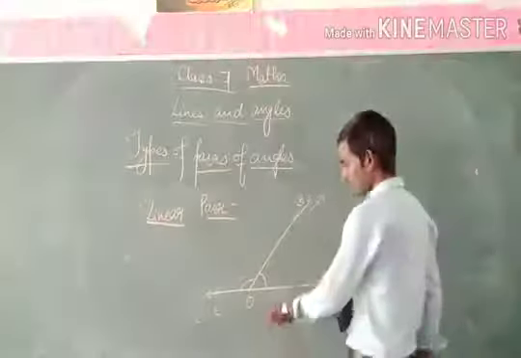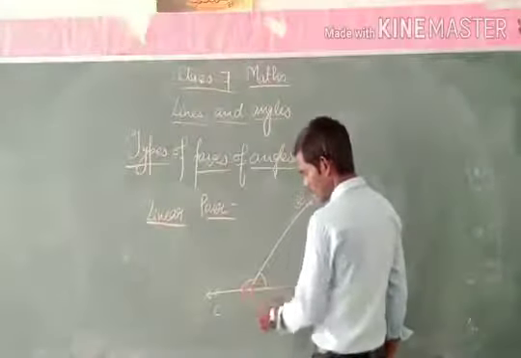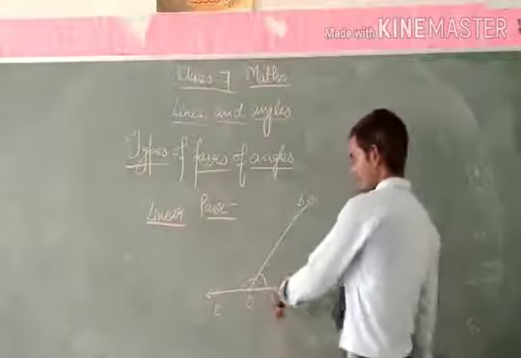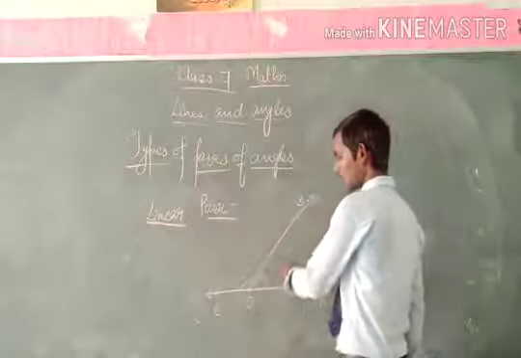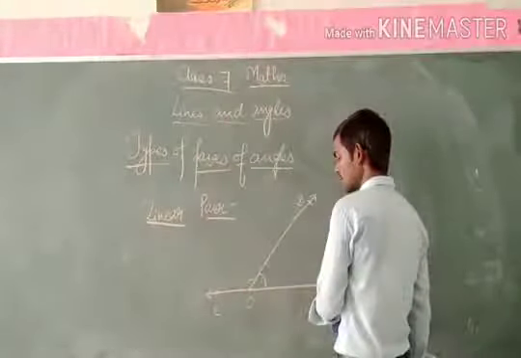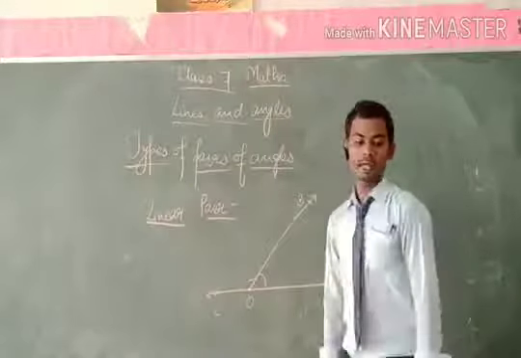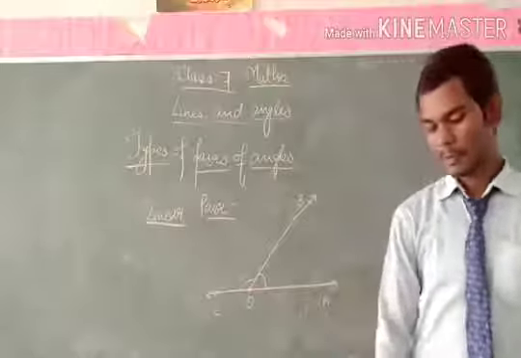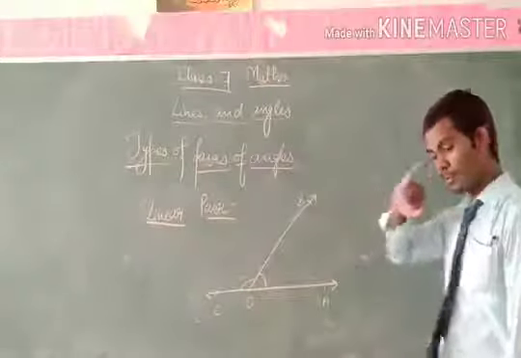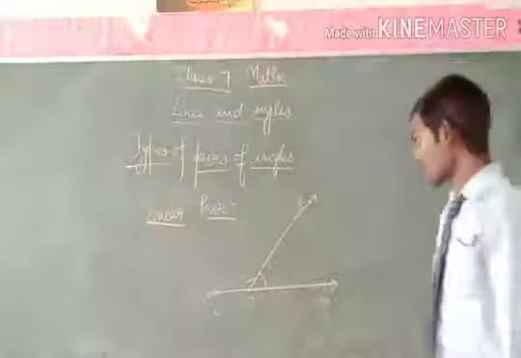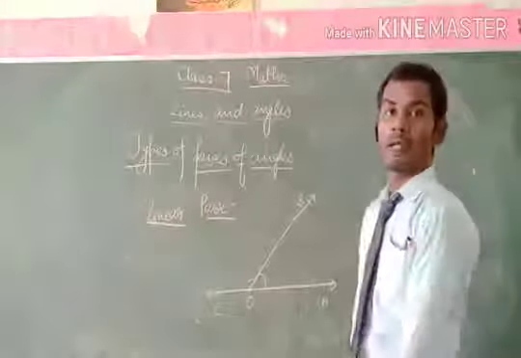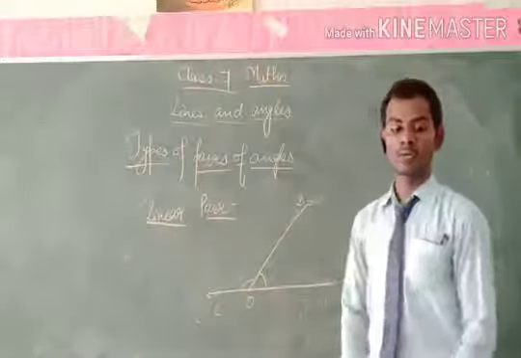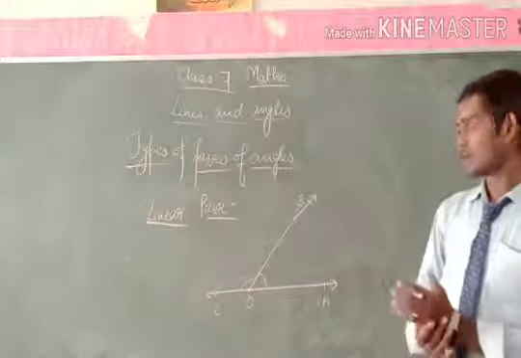And here we can also see that at the point O, the line OB intersects the line CA, so we define a linear pair: two angles are said to form a linear pair if they form adjacent angles by two intersecting lines.